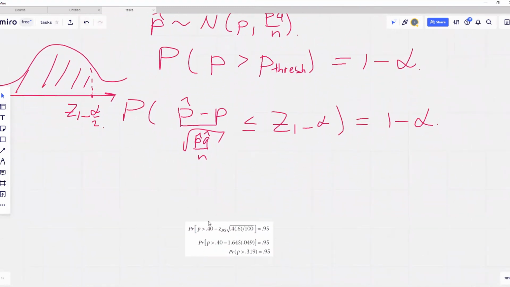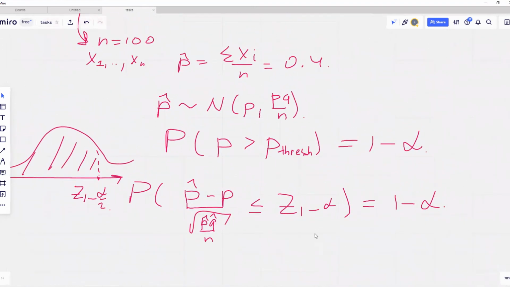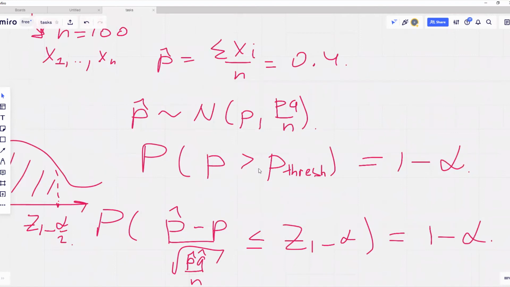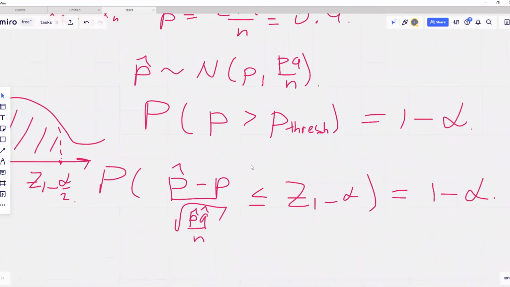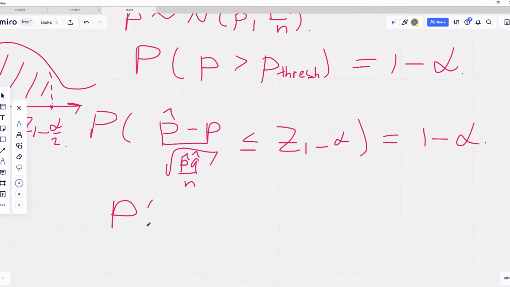Now you might be asking a question why we are setting the value of our standard normal being less than some value when in fact we need P to be greater than something. If we express P in terms of other variables, let's see what's going to happen. Multiplying both sides by root of P hat Q hat over n, and moving this term to the left and P to the right, we'll get exactly what we need.